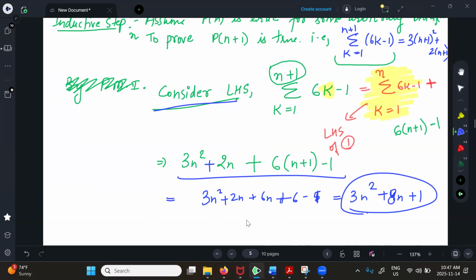But see, now this is getting complicated. How do I get this thing? So it's a good idea to go back to the right-hand side and simplify it. Daniel? Yes.